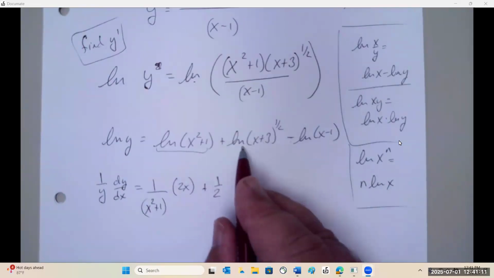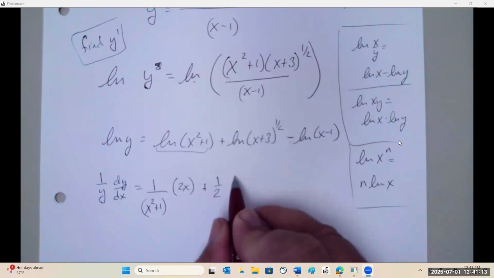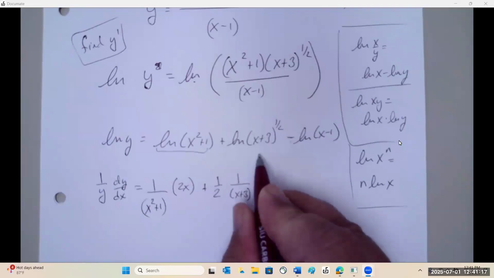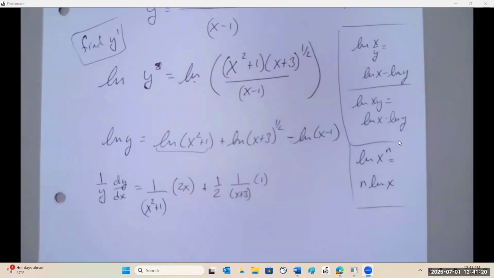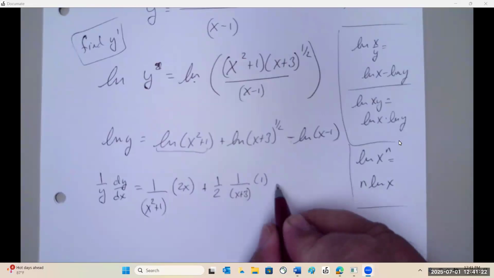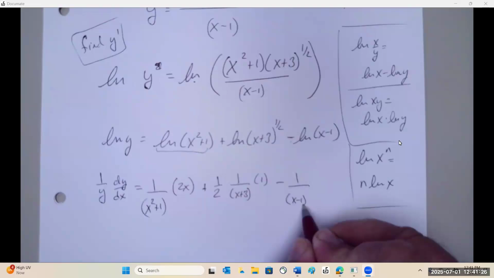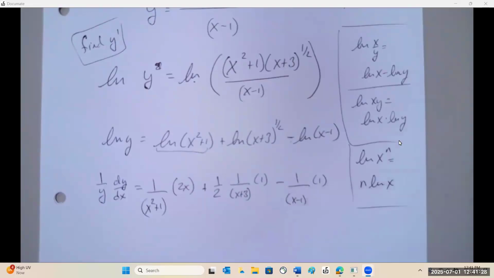So we take the derivative of ln x plus 3, which is 1 over x plus 3 times the derivative of x, which is 1, minus 1 over x minus 1 times 1.